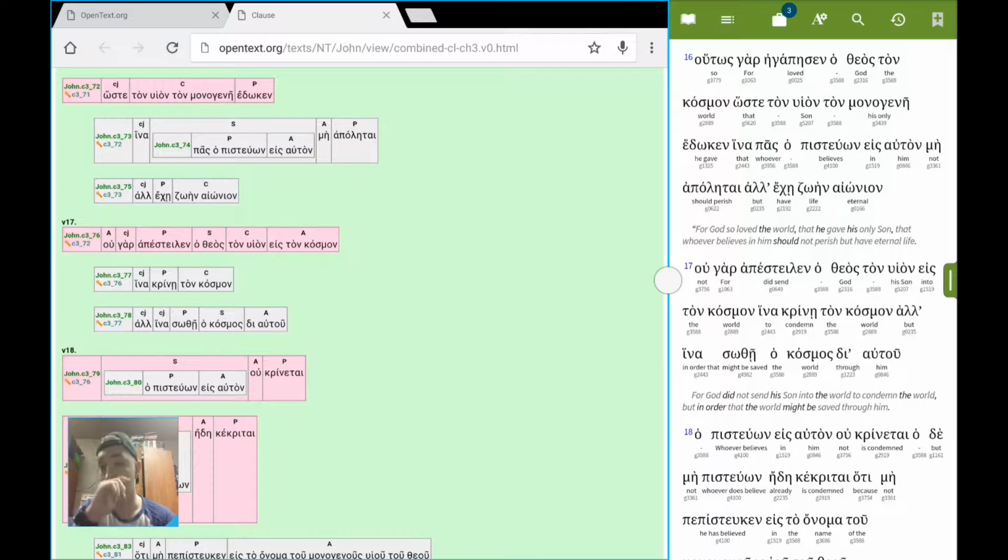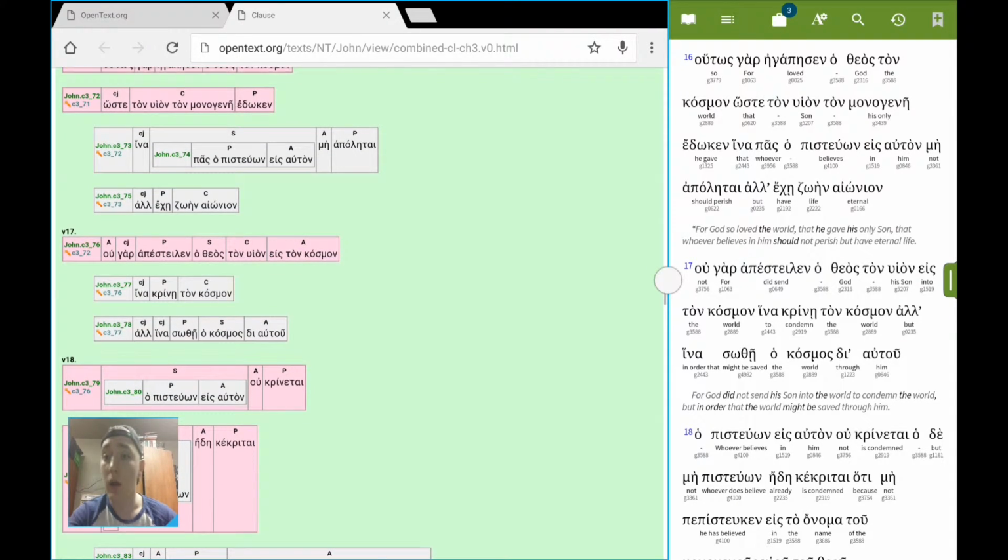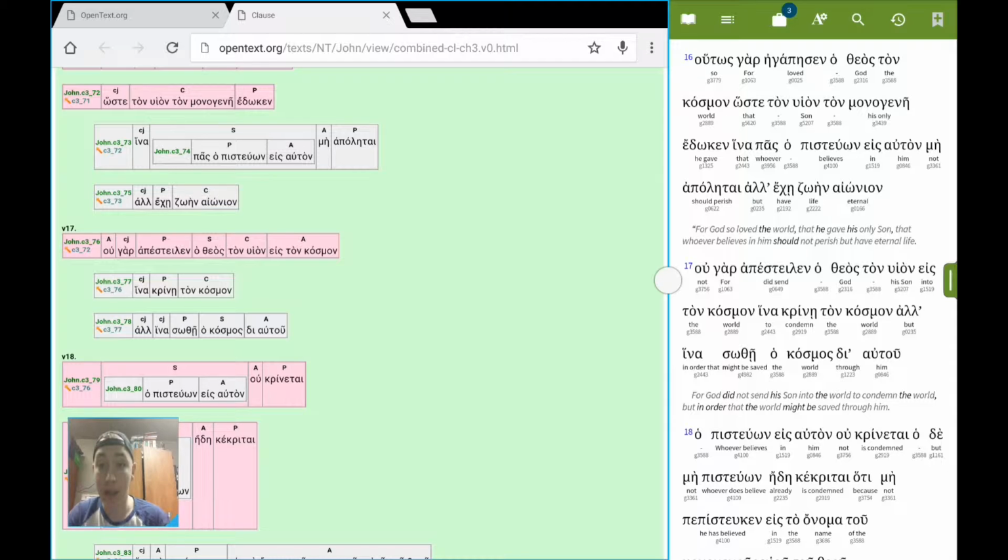But if you're ever curious about how they do this, that hōste really does indicate a new clause. But yeah, continuing on here, the predicator comes before the complement. So that edōken, he gave the Son, the only. Or you could say his only Son, because that's what most of us know.